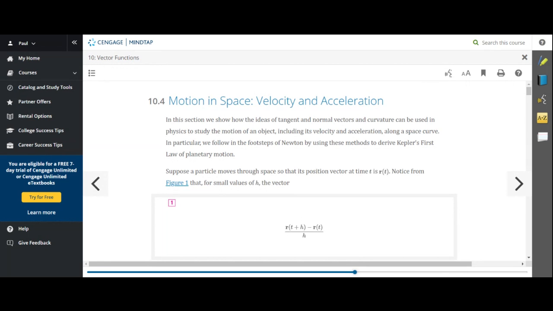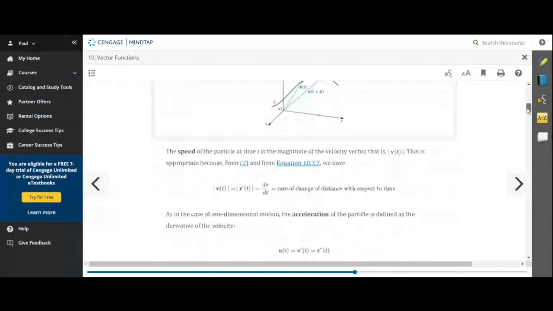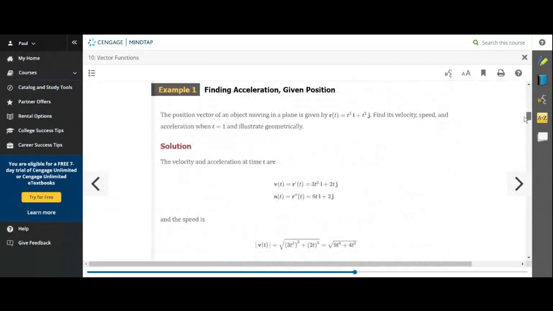In multivariable calculus, we have an analogous situation. It's just with vectors. So in example 1 here, find the acceleration given position. It's not a big deal.